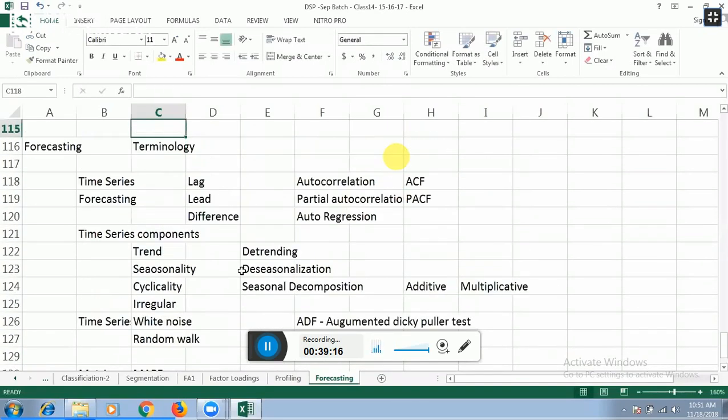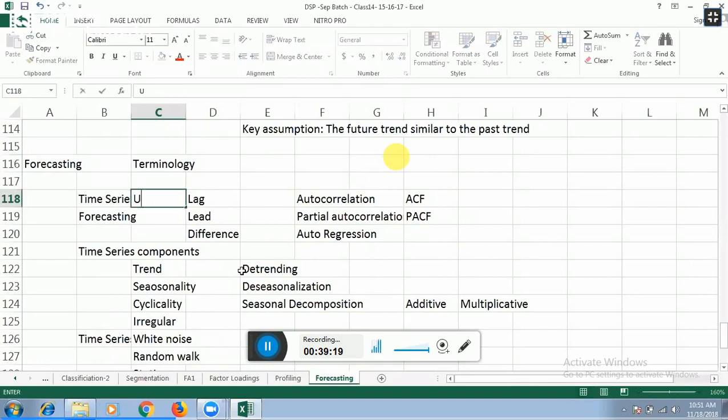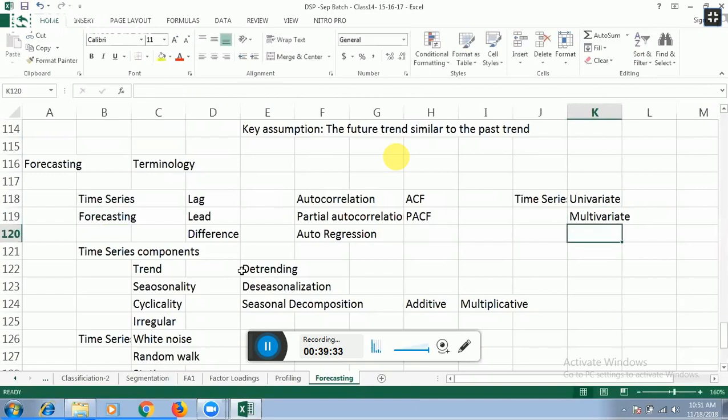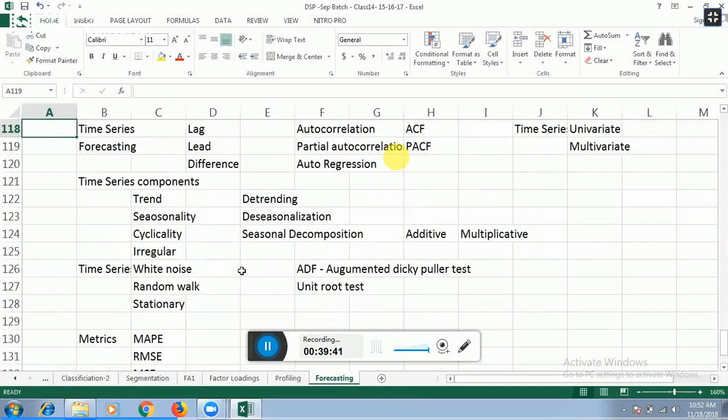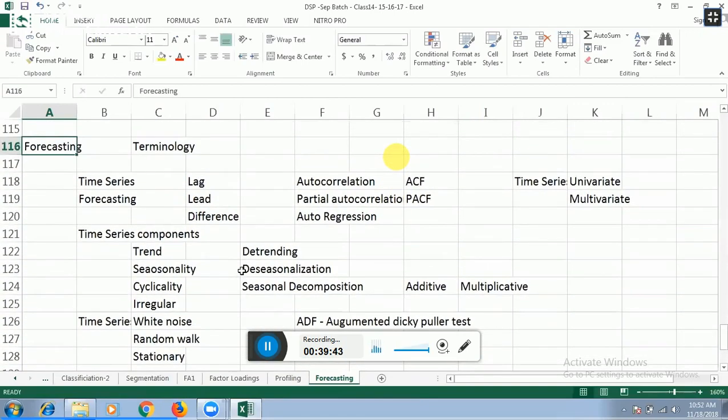And from the time series perspective, univariate time series and multivariate time series. These are the terminologies you really need to understand. If you're familiar with them, you can understand any paper, book, or blog related to forecasting.